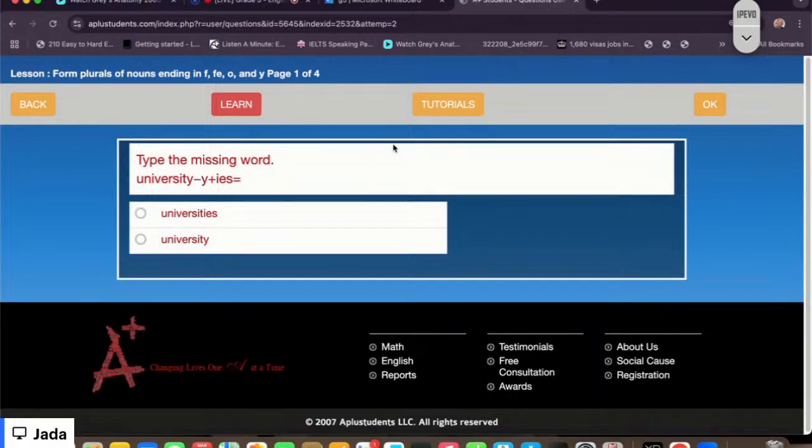All right, so type the missing word, university. What do we have? What will be our answer here?